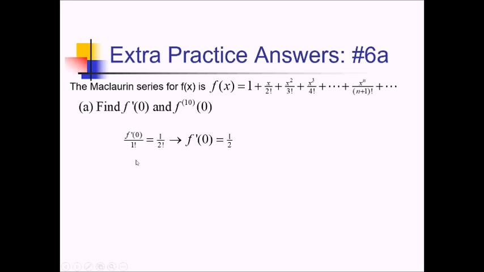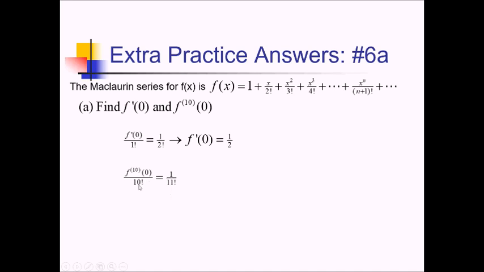Kind of using the same reasoning, in general, the x to the 10th coefficient in the Maclaurin series is going to be the 10th derivative of 0 over 10 factorial. Now, in this particular series, they didn't give us that term, but they gave us the general term, which is just as good. So the 10th power term is going to be x to the 10th over 10 plus 1 factorial. So basically, 1 over 11 factorial is going to be the coefficient in this polynomial.